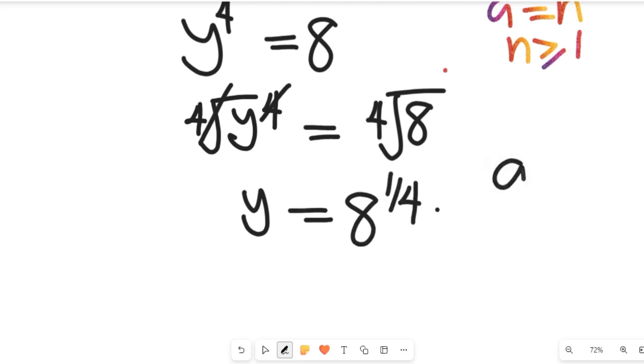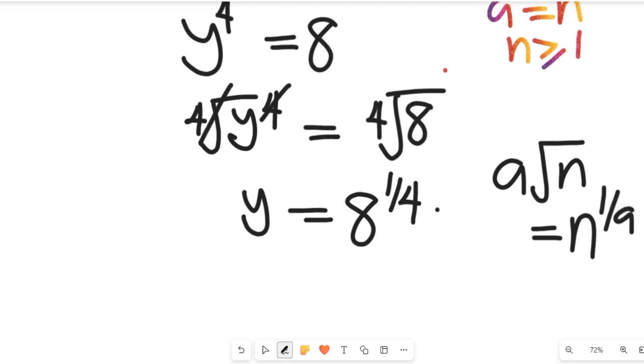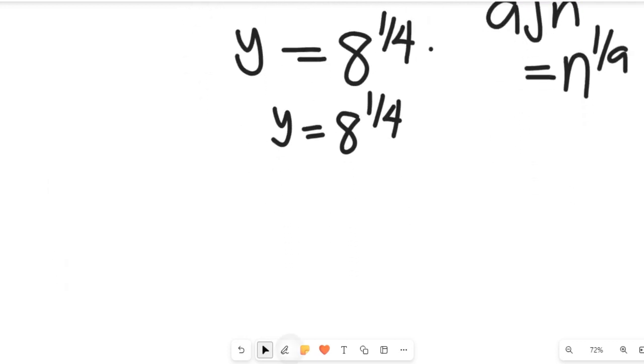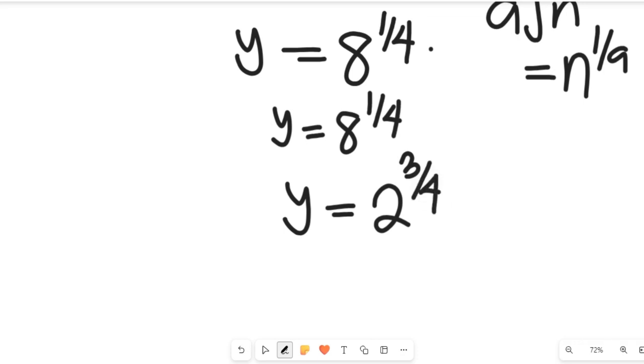Recall, if you have the a root of n, that is equal to n to the power of 1 divided by a. So y equal to 8 to the power of 1 divided by 4 is the solution to that expression. Or we can simplify it further to give y equal to 2 to the power of 3 divided by 4.